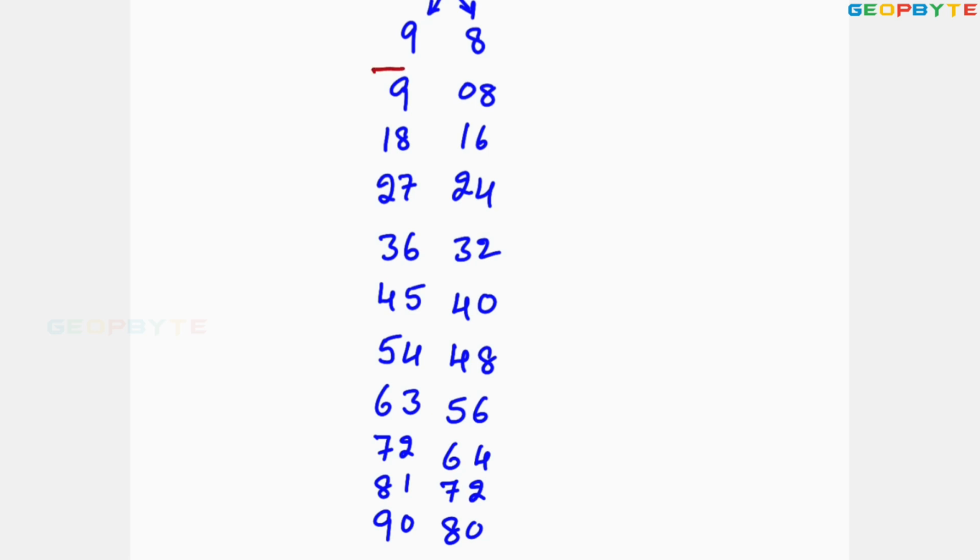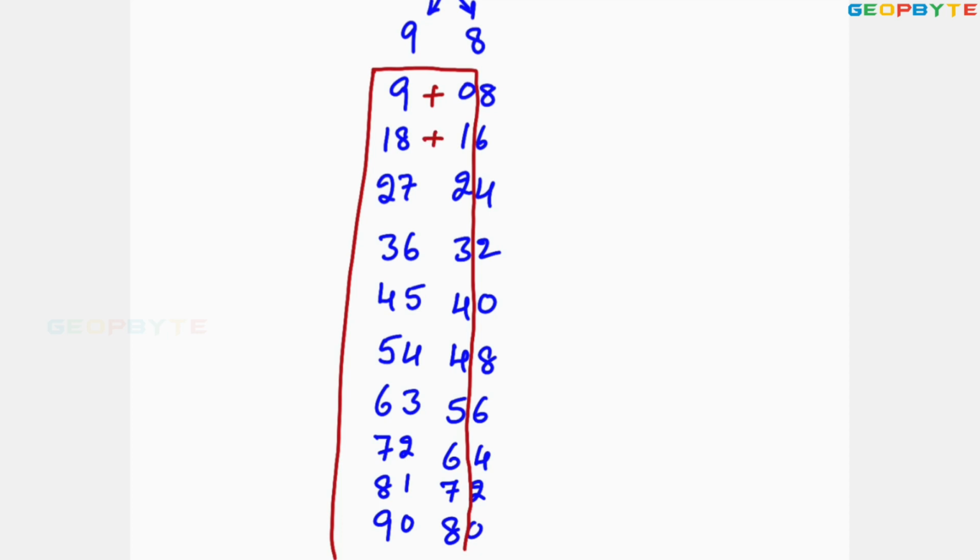Try to prepare a box like this. Place the digits of the 8 table and complete the 9 table. Then make a plus sign within the box for adding the values.